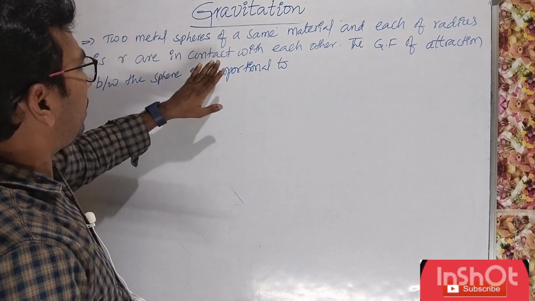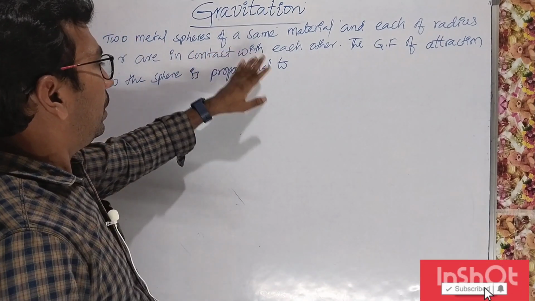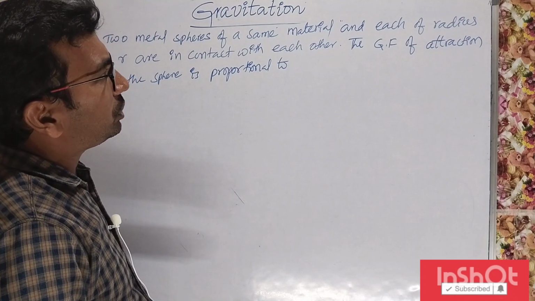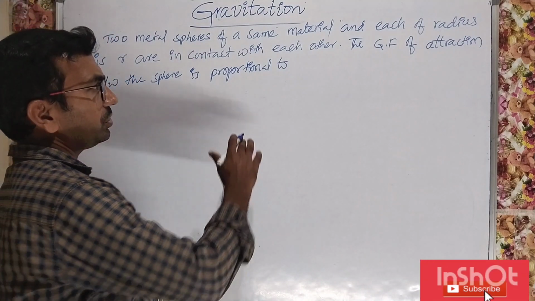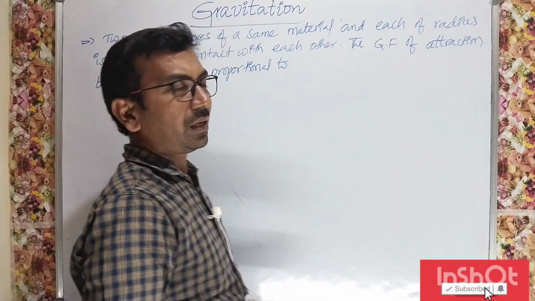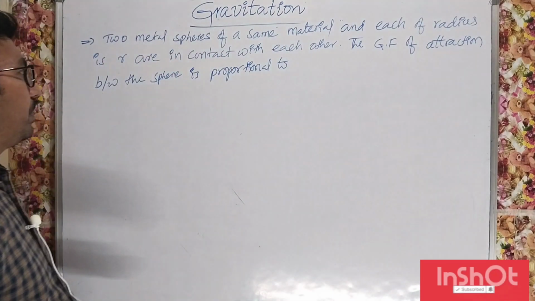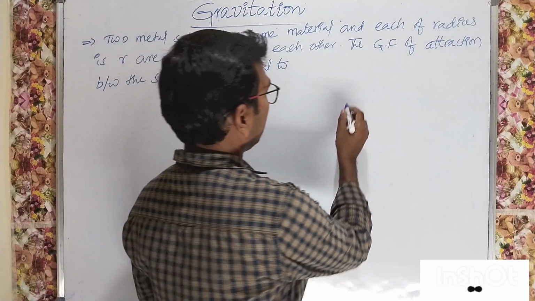You can see one more example. Two metal spheres of the same material, each of radius r, are in contact with each other. The gravitational force of attraction between the two spheres is proportional to what?